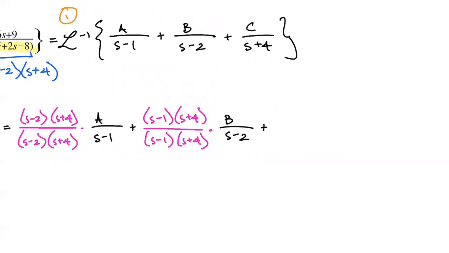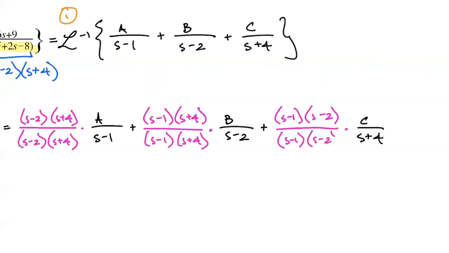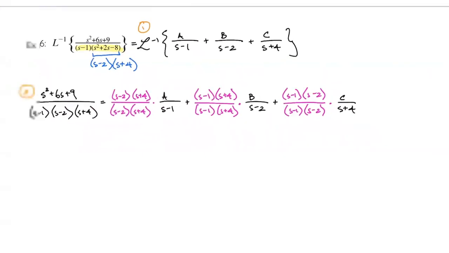Finally, the last one, C, I'm also going to need to multiply. C has the s plus 4, but it is missing the s minus 1 and the s minus 2.